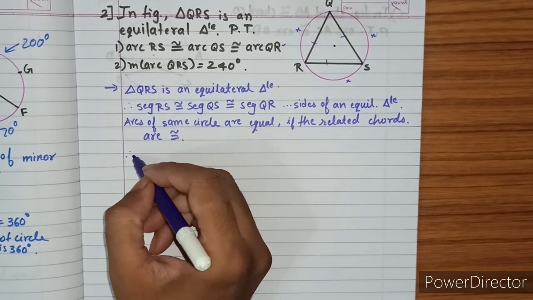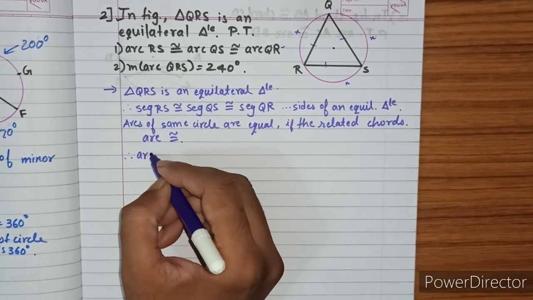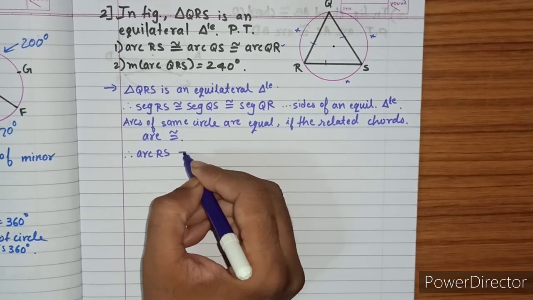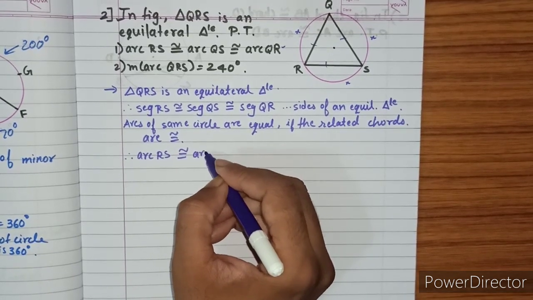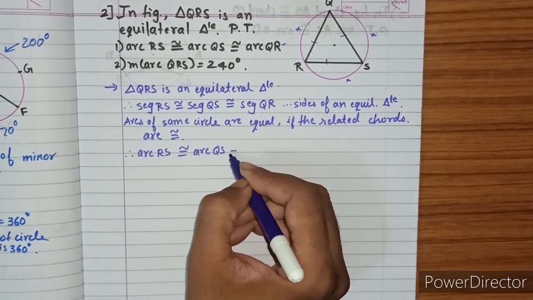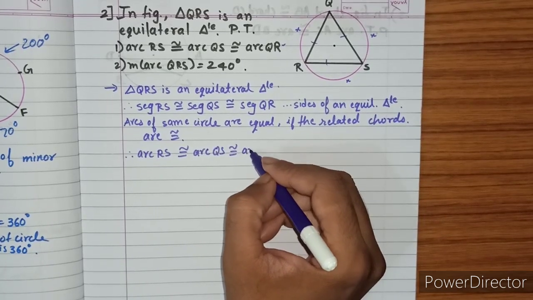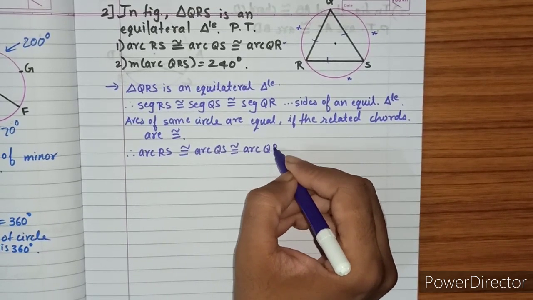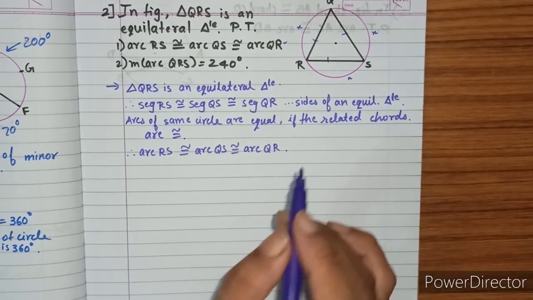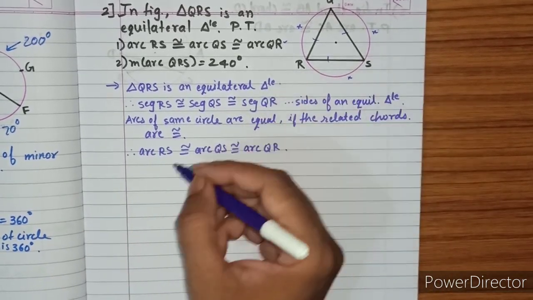Therefore, instead of segment, now I can write arc RS is congruent to arc QS is congruent to arc QR. Now, let us consider these to be X.